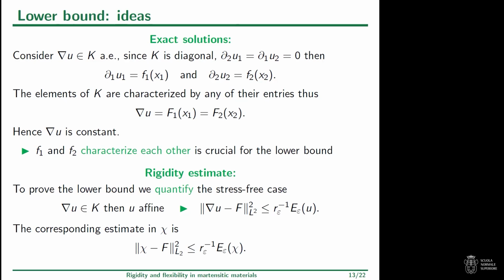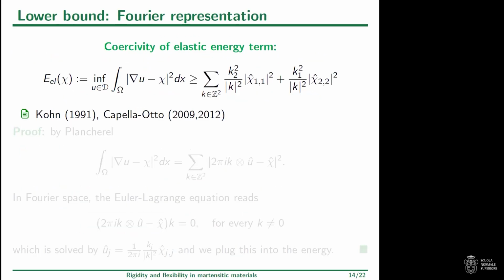How are we going to get there? We are using Fourier analysis heavily. By this decoupling, it's a bit easier, so we can translate our elastic energy in chi from real space to frequency space in a very compact way.